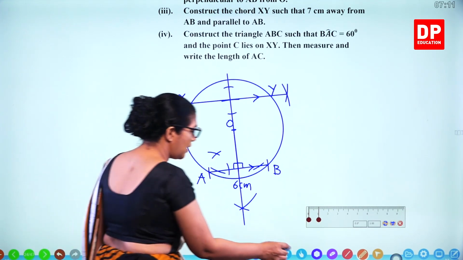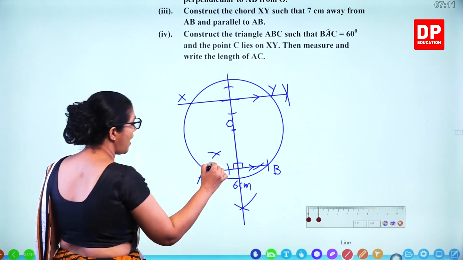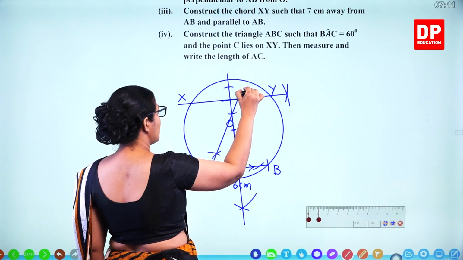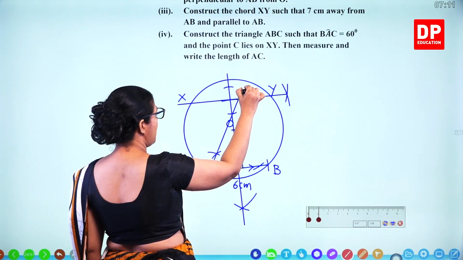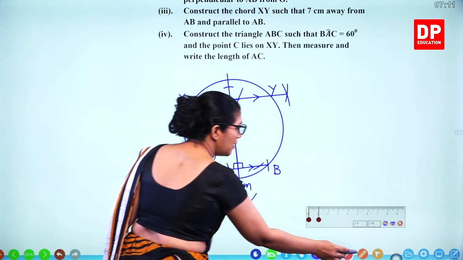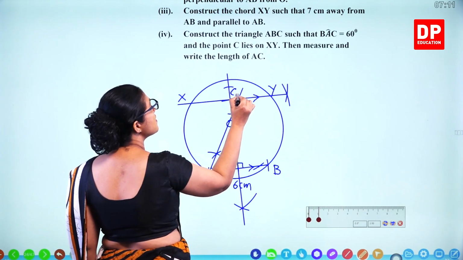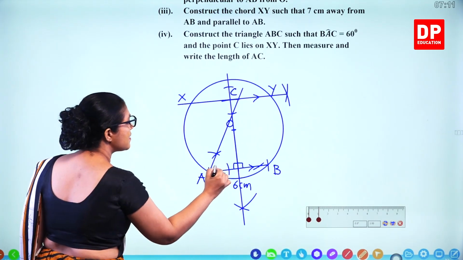So we have the 60-degree angle. We use the property of the equilateral triangle. When you extend that, it meets the XY line at C. So this is the C point and this is 60 degrees.